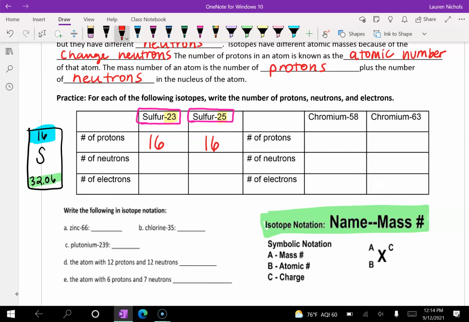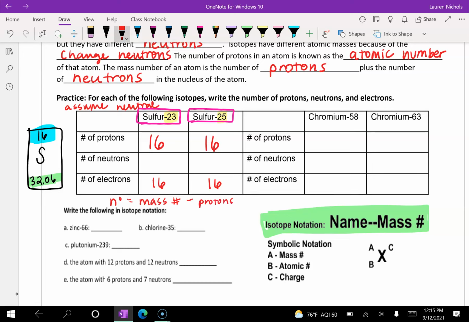Now, because it does not tell us that it has a positive or negative charge, we assume that it's neutral. So we're going to assume that these are neutral atoms, and so they have 16 electrons as well. So then we get to our neutrons. Now remember, our neutrons are always our mass number minus our protons.